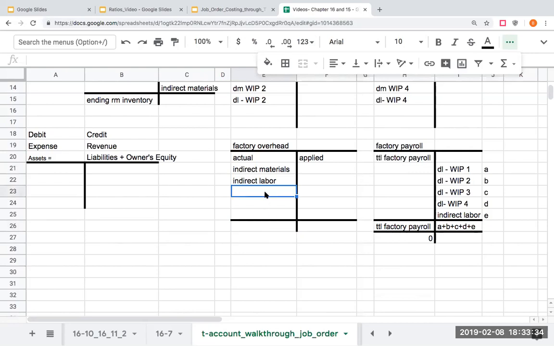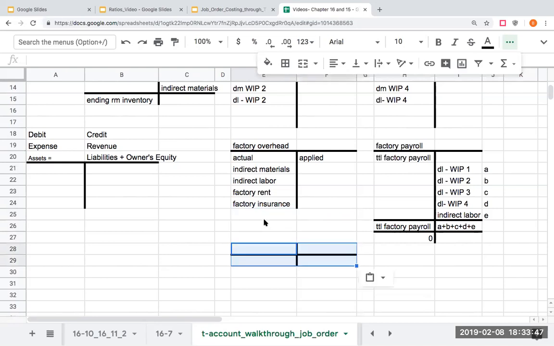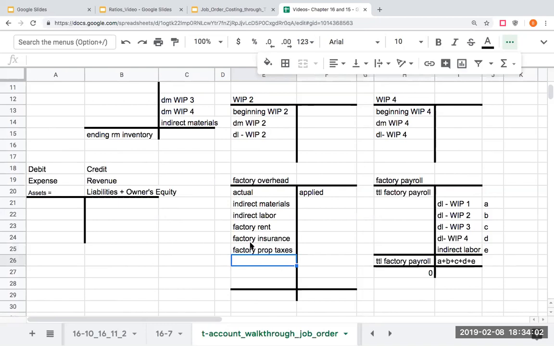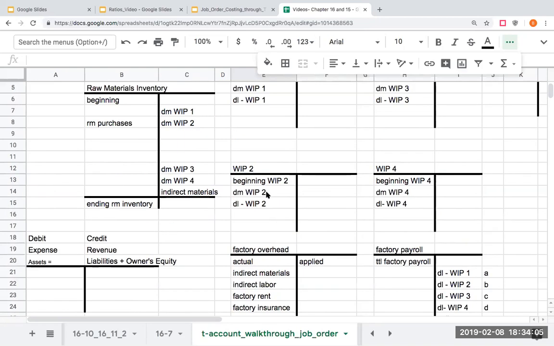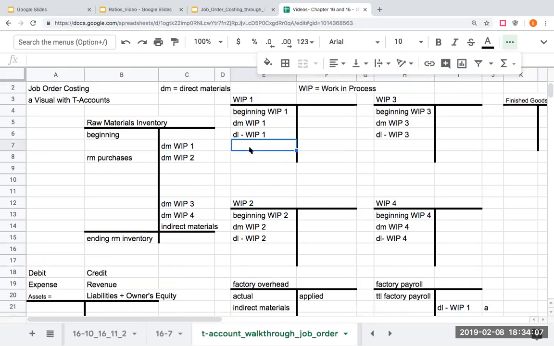And so what might be happening here is this might be something like factory rent, factory insurance. You can also have things like factory property taxes. The whole point is that a lot of times I'm just not going to have time to go through and actualize these. So instead what I'm going to do is I'm going to apply overhead.